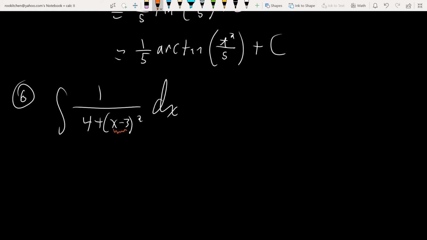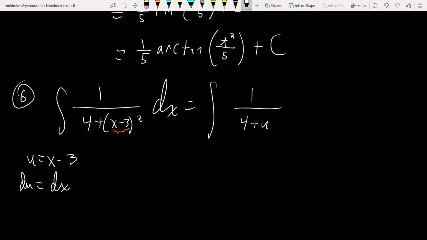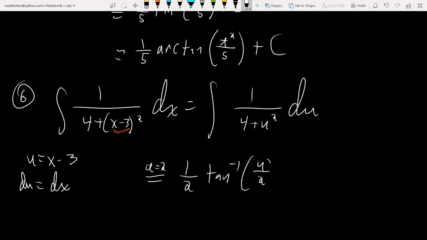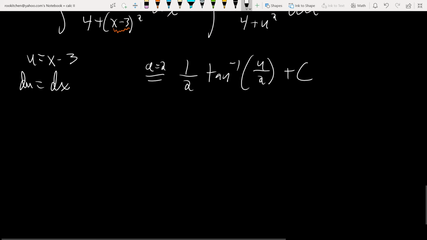It's a binomial, and that's okay. You don't have to worry or overthink it. Just let u be the x minus 3. So then du will be dx, and there's really not much else to do. So we have the integral of 1 all over 4 plus u squared. It looks like it's an arctan, or tan inverse, with a value equaling 2. So you'll have 1 over 2 tan inverse of u all over 2 plus c, and then you just back sub.